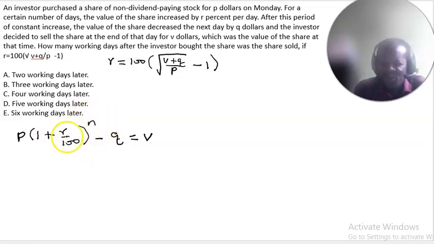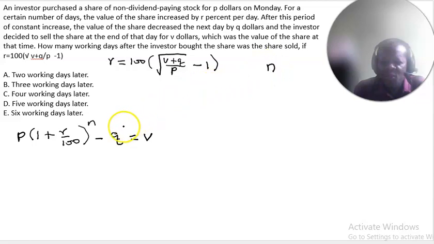After those number of days, the value of the share decreased by Q dollars. So after an additional 1 day, the value of the share decreased by Q dollars to become V. So that means what we are actually looking for, based on the question, is not actually the value of n.